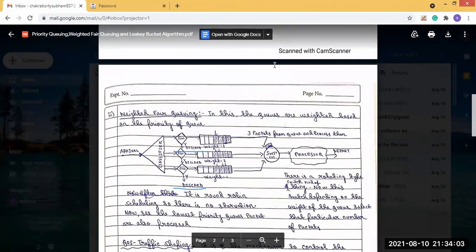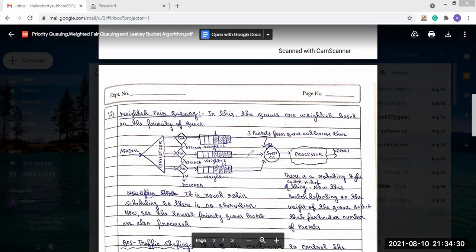In this, the queues are weighted. For all the queues that are present, a weight is given to each queue, based on the priority of the queue.